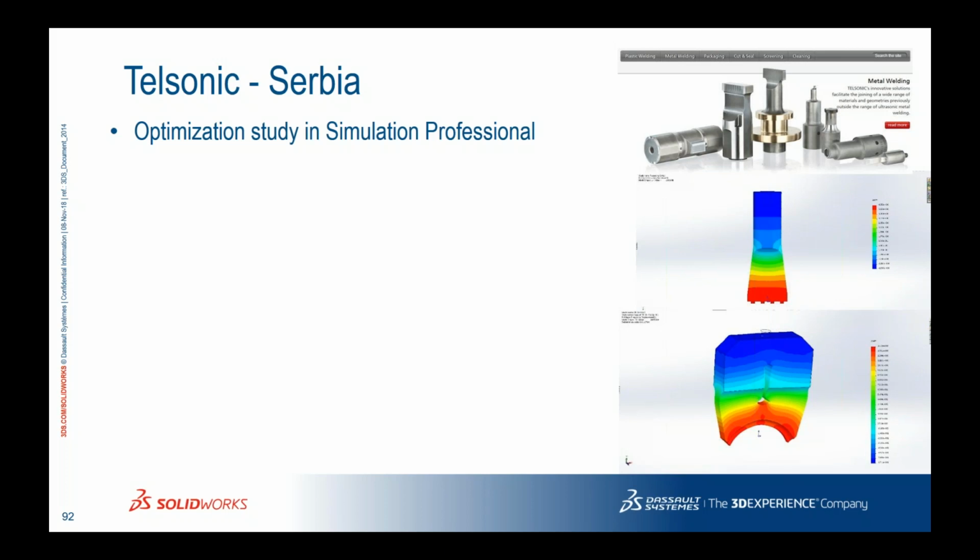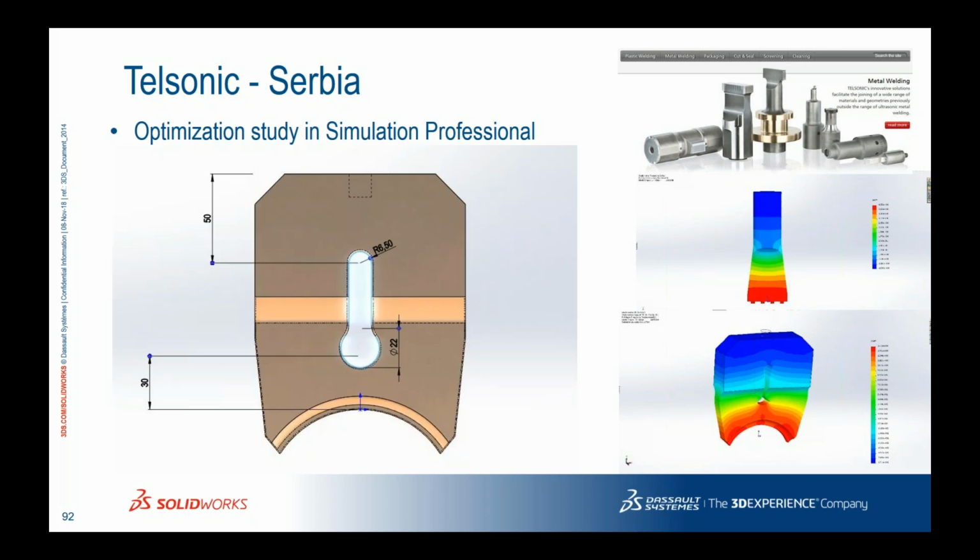So, for example, Telsonic uses optimization study in Simulation Professional. This is an example of one of their sonotrodes. This is the starting dimension, the starting picture, the start of the design. And you can see some dimensions, for example, 50 from above the center of the slot, 30 from the bottom, 22 the diameters, and so on.